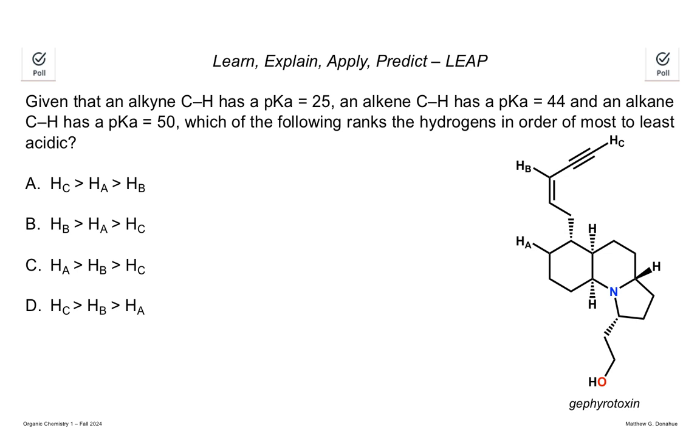So again, as we rank them, we said the alkyne was 25. The alkene was 44, and the alkane was 50.